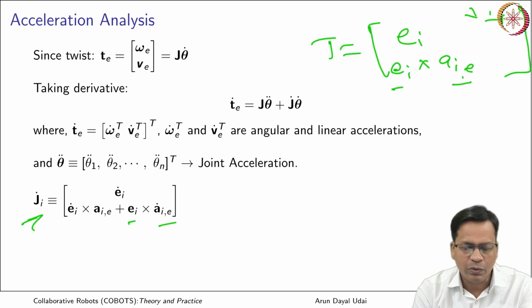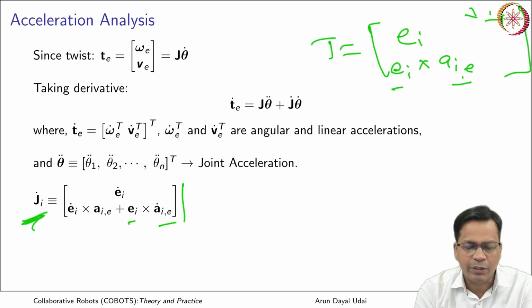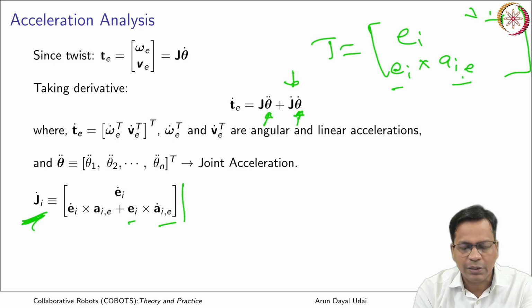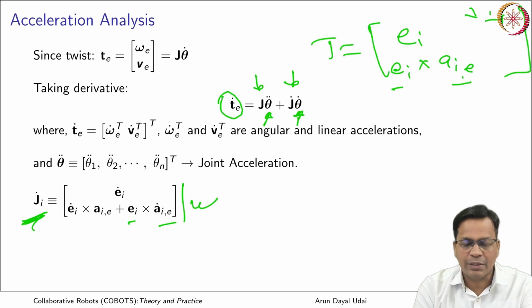So that is the way you know derivatives are taken. So it is just written like this. So this becomes J_i dot, that is substituted here. Theta dot is angular velocity of the joint, theta double dot angular acceleration of the joint, J is Jacobian, J dot is found out like this. That is how you find out the end effector accelerations, angular and linear.